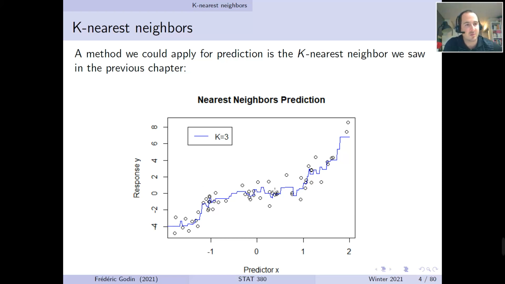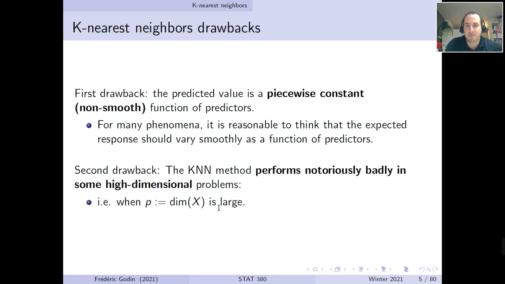Maybe not the realized one, because realized responses always have noise, but predictions are often related to the expected value, and the expected value should vary more smoothly. As we saw in the plot, k-nearest neighbors produces piecewise constant functions for the prediction, which is non-smooth. So this can be problematic.